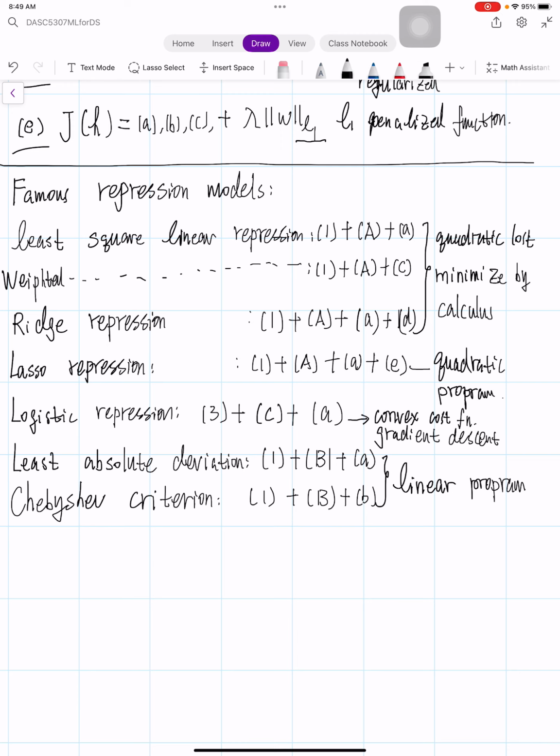In the previous lectures, we already gave you some taste of the regression function, by giving you different loss functions, different choices of the objective functions, and we solved the model parameters using different optimization algorithms.